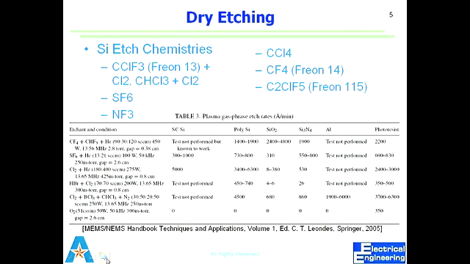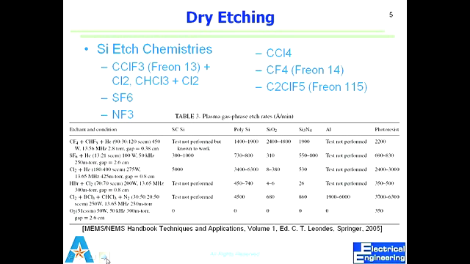Will this recipe work for me? No. Why? Because the thickness of the silicon dioxide is not sufficient. Before I get down to 3000 angstrom of silicon, my silicon dioxide will be gone. So the ratio is 1 to 10.